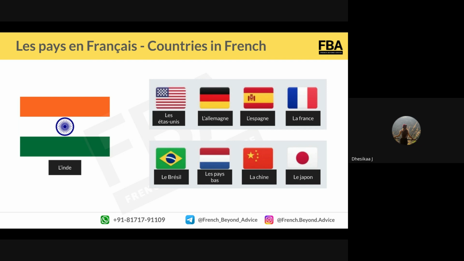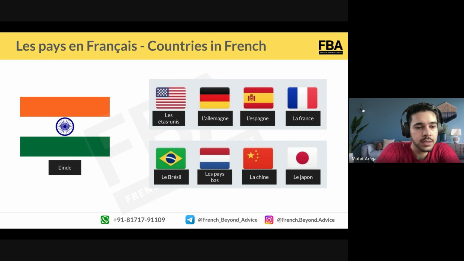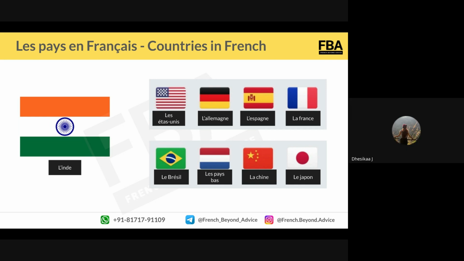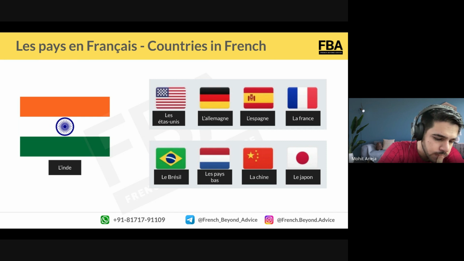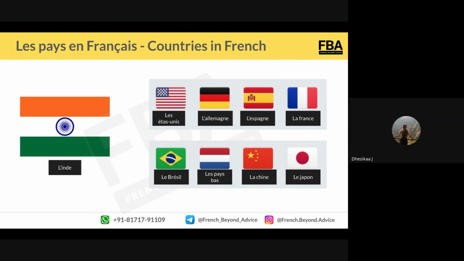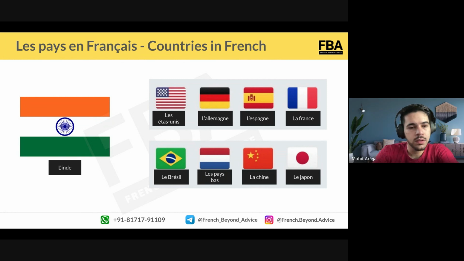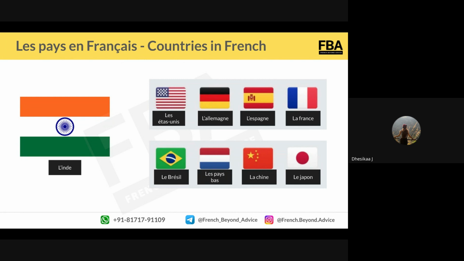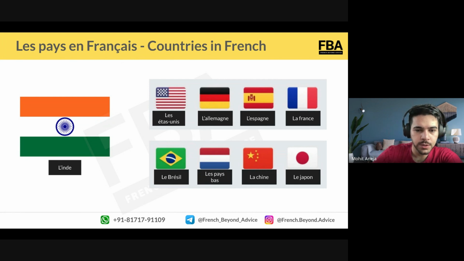Les États-Unis, l'Allemagne, l'Espagne, la France, le Brésil, les Pays-Bas, la Chine, le Japon. Très bien.